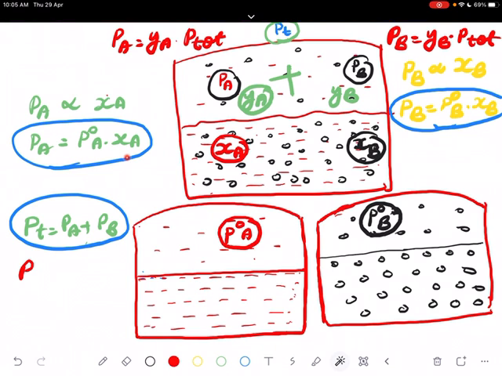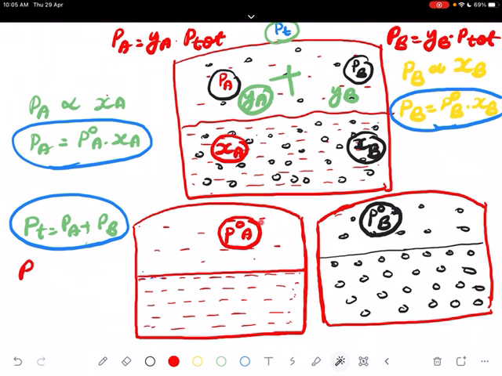Then PA is equal to YA P total. This we learnt last year, meaning in the vapor phase PA is equal to YA P total. Similarly, PB is equal to YB P total. Then according to Dalton's law, PT is equal to PA plus PB.